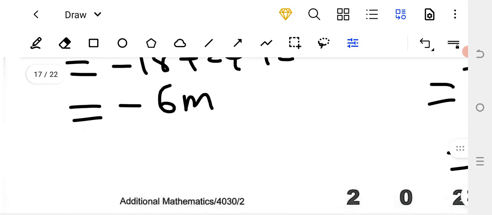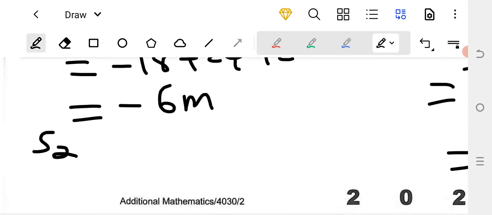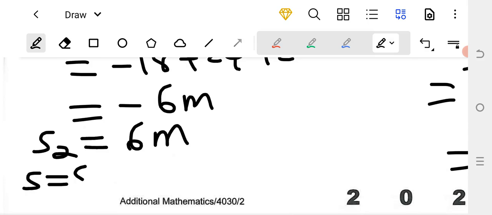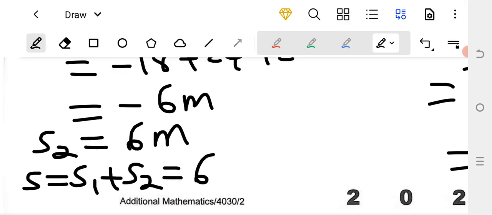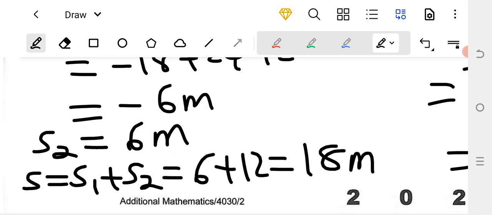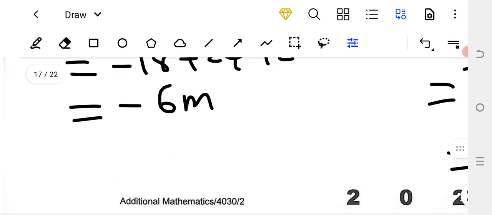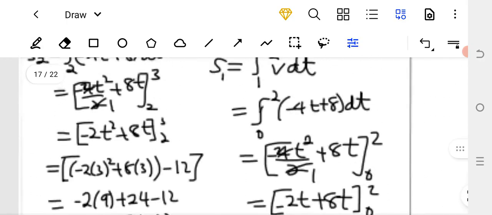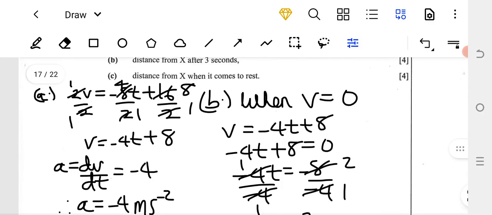But we said the absolute value of this, so S2 is equal to 6 meters. S is going to be equal to S1 plus S2, which is 6 plus 12, which is equal to what? 18 meters. So the distance from X after 3 seconds in total is 18 meters.